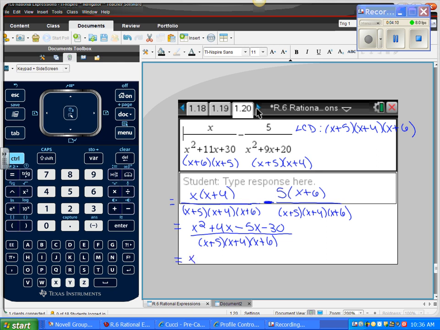Combine my like terms: x squared minus x minus 30, over x plus 5, x plus 4, x plus 6. And we're going to factor one more time. And that's going to be x minus 6, x plus 5, over x plus 5, x plus 4, x plus 6.